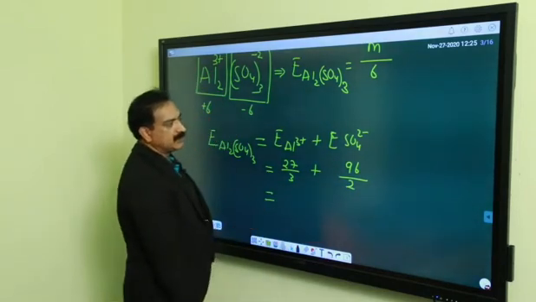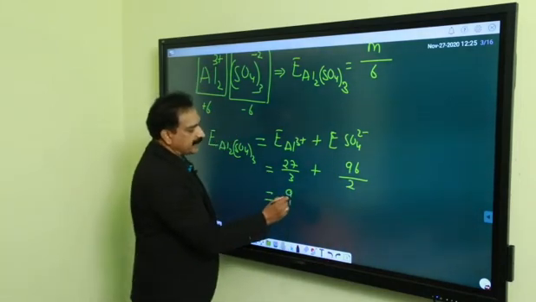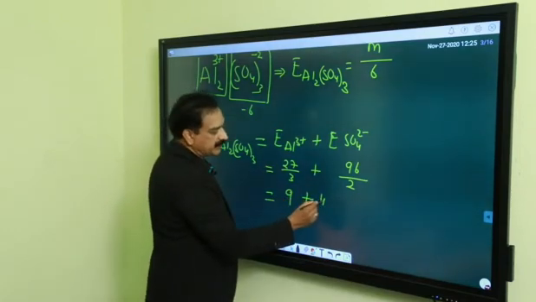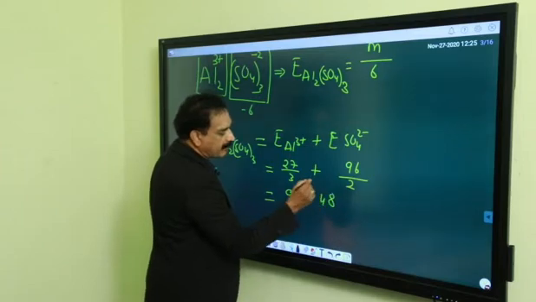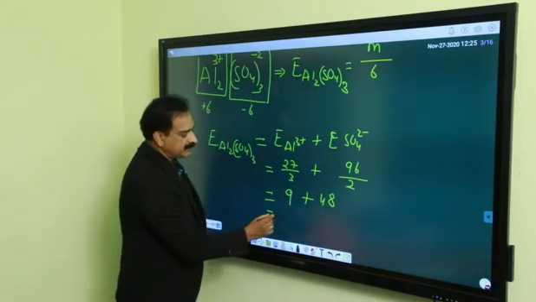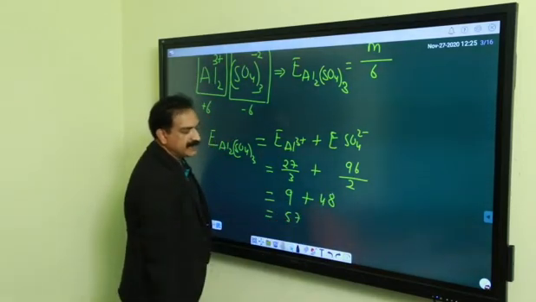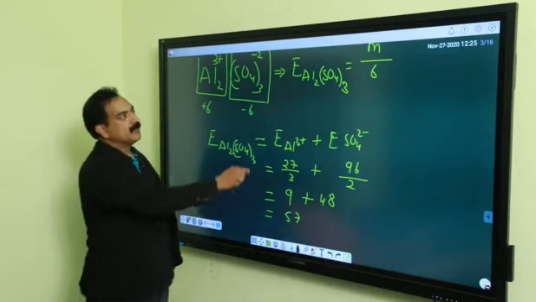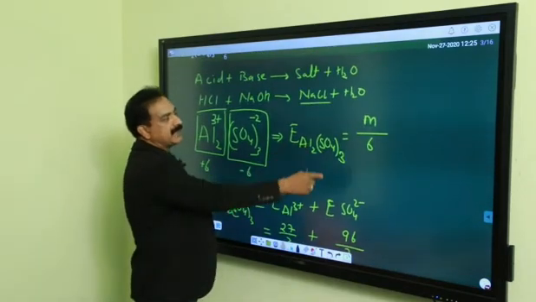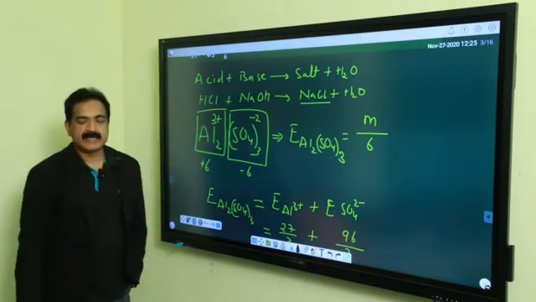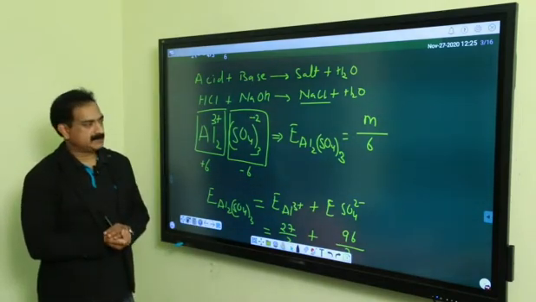So this is equal to 9 plus 48, that is 57. This is the equivalent mass of aluminium sulfate. Whereas if you calculate in the other manner, the calculation becomes tedious.